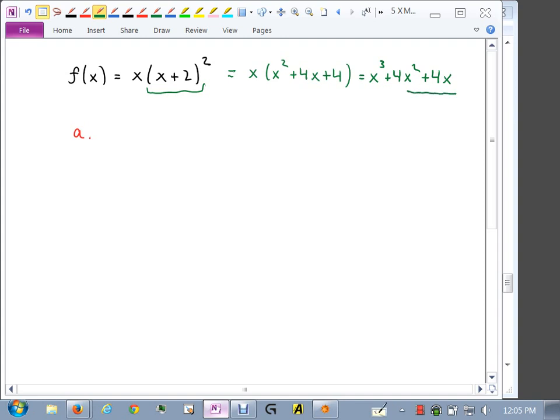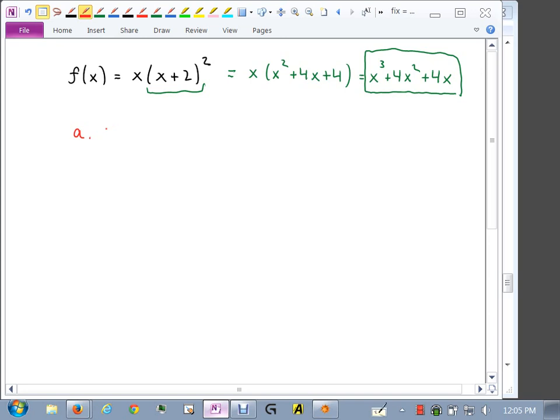So what we have here, boxed up on the right side, is the polynomial in expanded form. Here's the polynomial in what form do you think? This is factored form, right? So I gave you the polynomial in factored form.